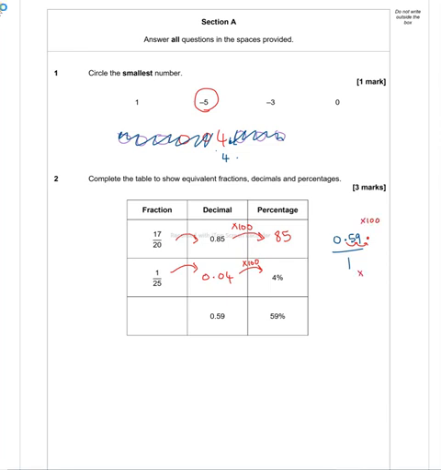I have to multiply the bottom by 100. So what I've got is 59 at the top and 100 at the bottom. So that is my fraction. 59 100ths. 59%. Okay.